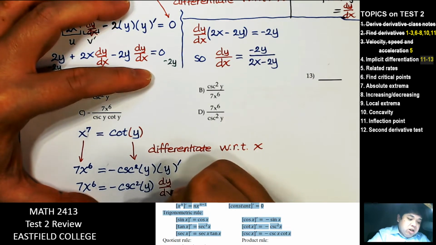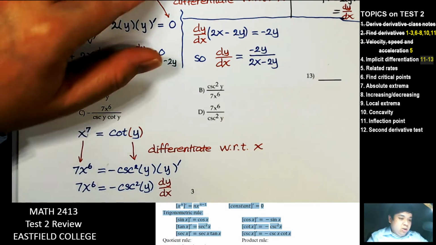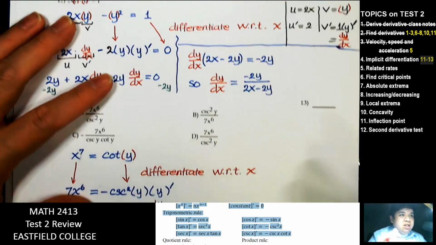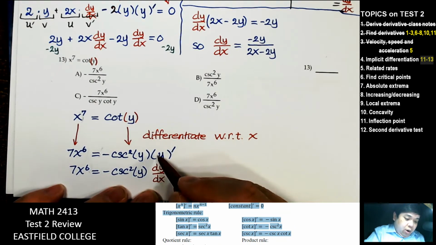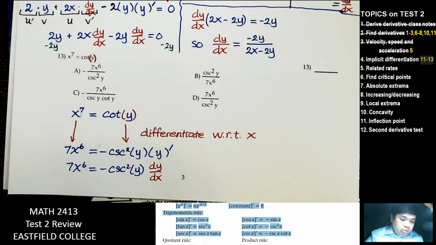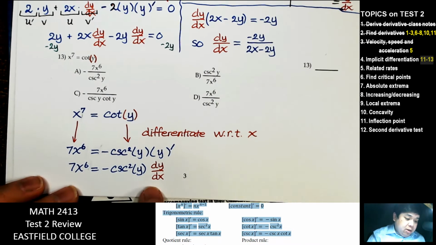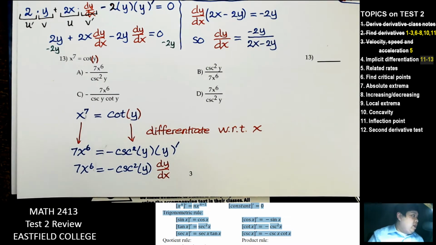We don't need to, but since the question asks us for the dy over dx, probably it is better to just write dy over dx. Y prime is perfectly fine. Right, pretty much that. And divide by the negative cosecant on both sides, and we should have it.